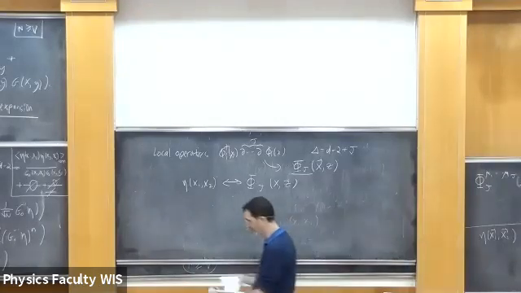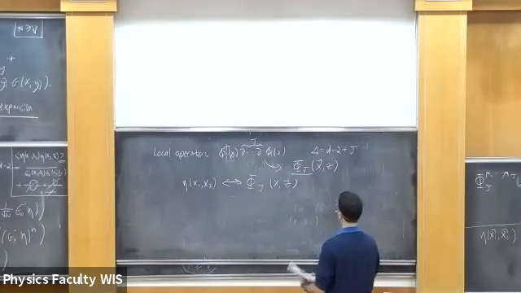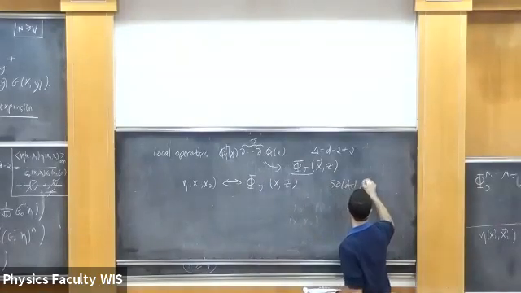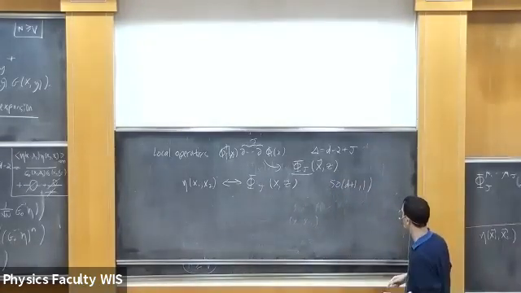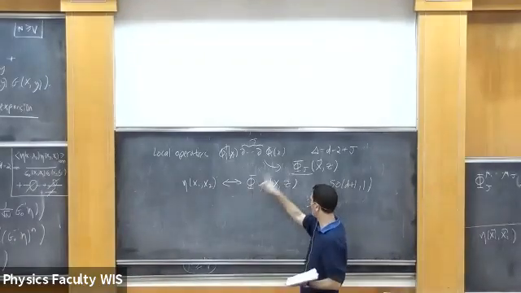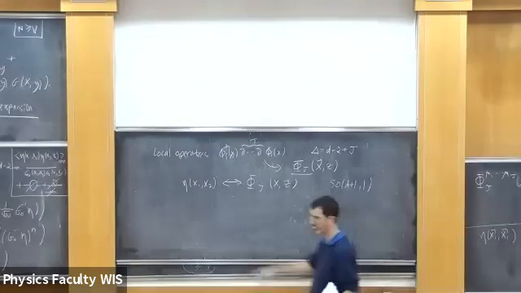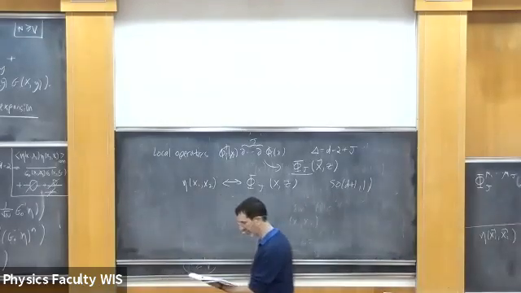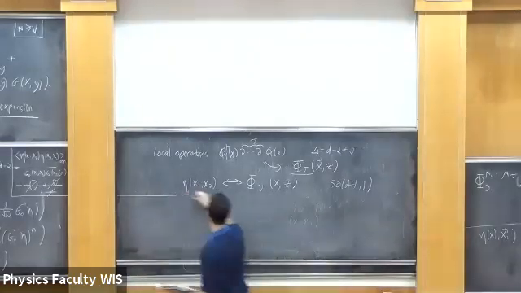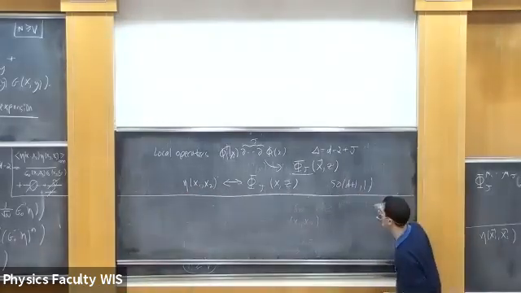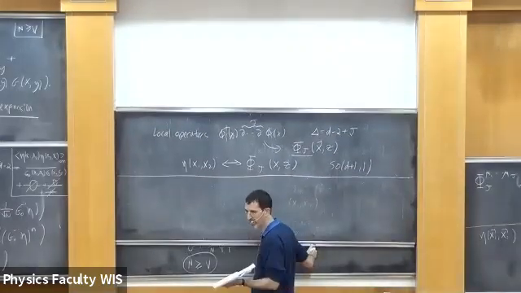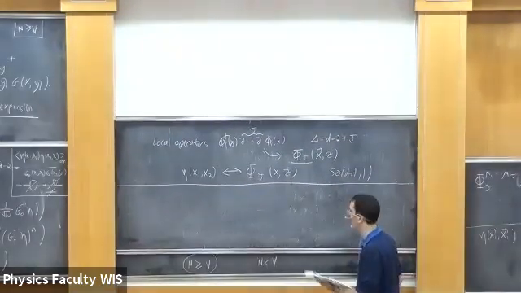And the main clue for constructing this mapping is that once we took our fields to live on a fixed AdS space, then we know exactly how both sides should transform under the conformal group SO(d+1,1). I mean, here it's just transform using the isometry of AdS space. And here, of course, we know how these objects transform under conformal transformations. So the way to do the mapping will be just to decompose both sides into irreducible representations of this group, and then to just identify the coefficients between the two sides.